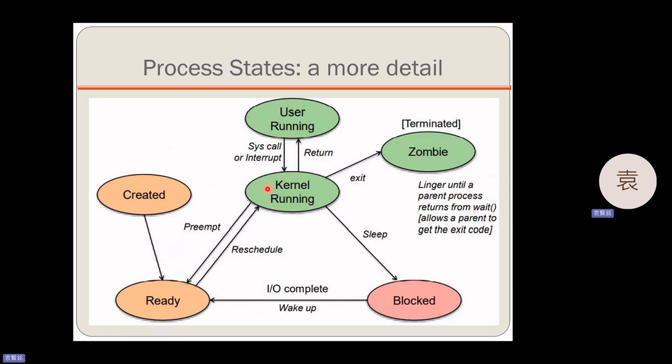So we set this running process state, and then move this running process to the ready state through this transition. It's a preemption by timer. So that's a more detailed state transition diagram of a process.